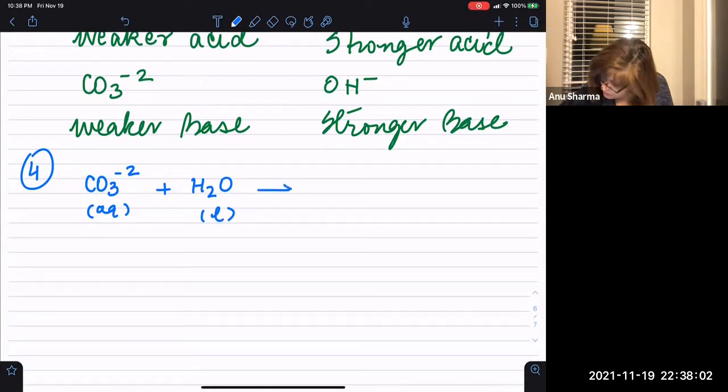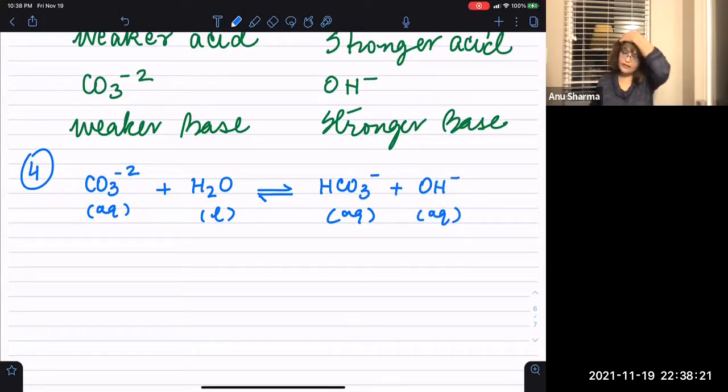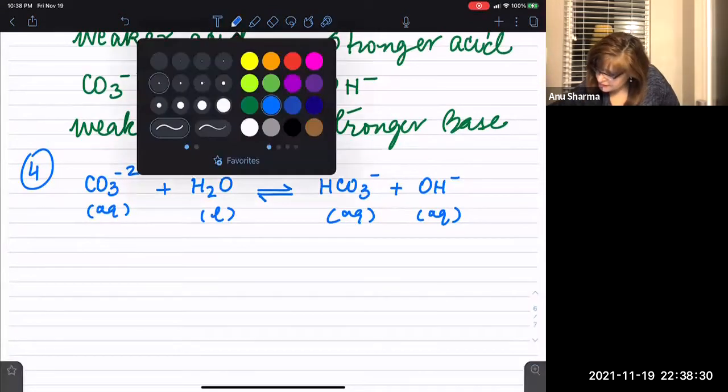This gives you HCO3 1 negative aqueous plus OH ions aqueous. So we write this down: carbonate is weaker.